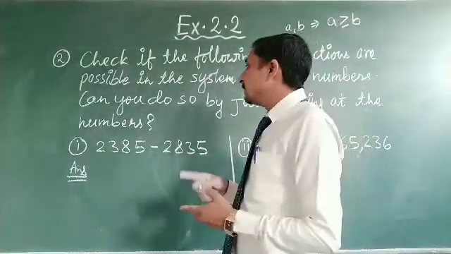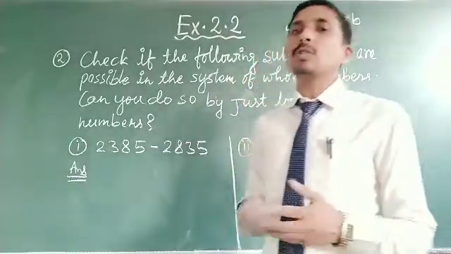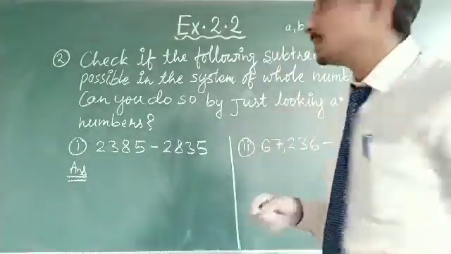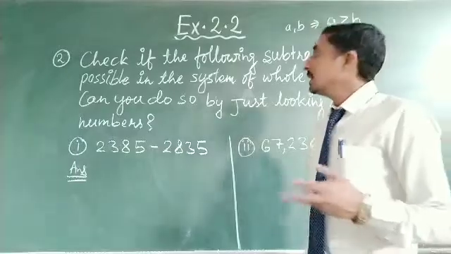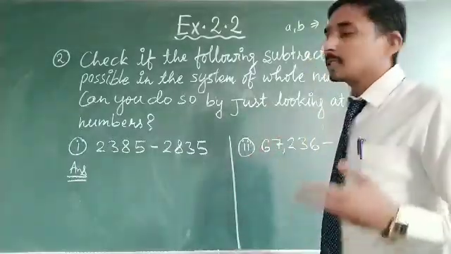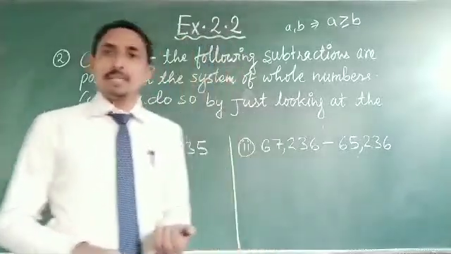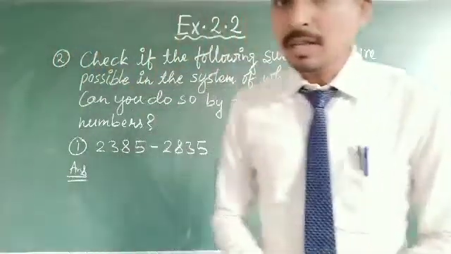And if the first number is equal to the second number, then also subtraction is possible. So if two whole numbers are given, then in the system of whole numbers subtraction is only possible when the first number is greater than or equal to the second number.